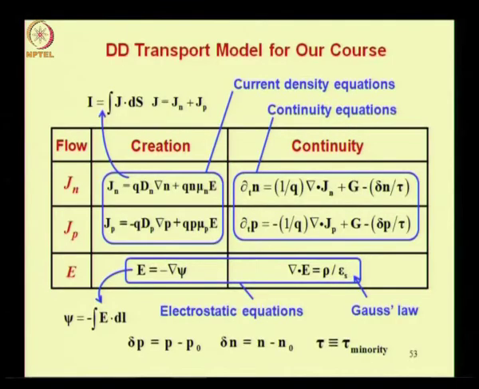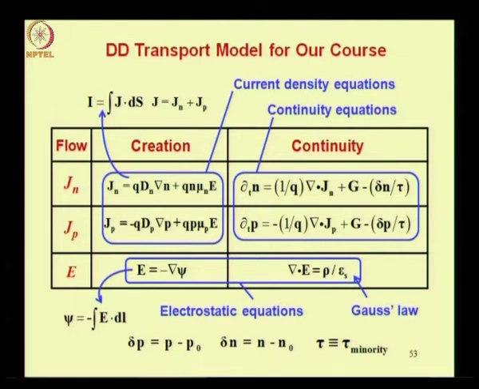In the previous lecture we have introduced the drift diffusion model. In this model there are 6 equations. The 6 equations contain 2 current density equations, 2 continuity equations and 2 electrostatic equations.